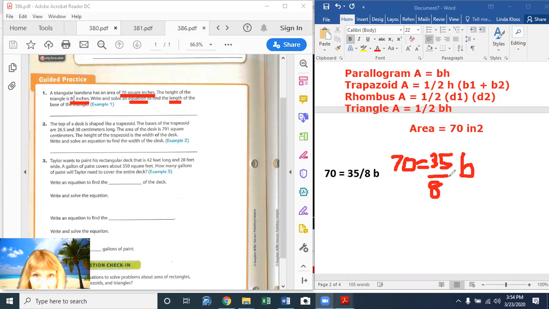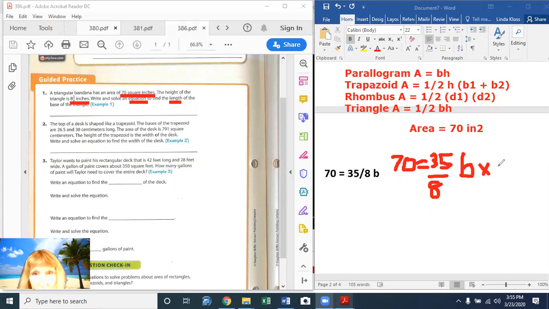We haven't really covered that yet this year, but we have to get the b by itself. So to do that, I'm going to multiply by the reciprocal of the coefficient in front of the b. The coefficient is the number 35/8 in front of the b.